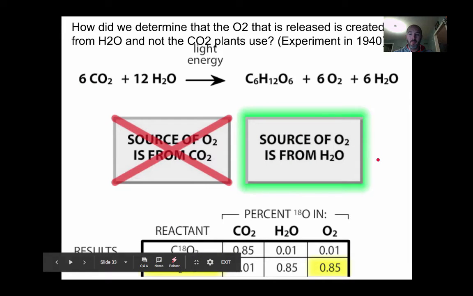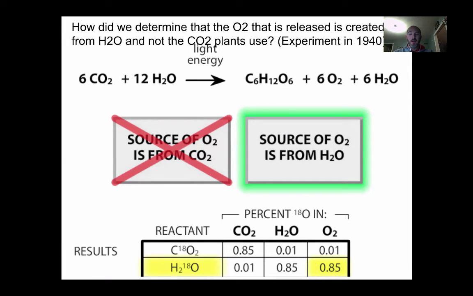At the bottom I highlighted that when we put the heavy isotope with water, we do find that the oxygen produced has that heavy isotope with it, and so that confirms that the oxygen produced comes from the splitting of water, not from the use of CO2. Pretty clever way to figure out that the source of oxygen being made is actually the water molecules.